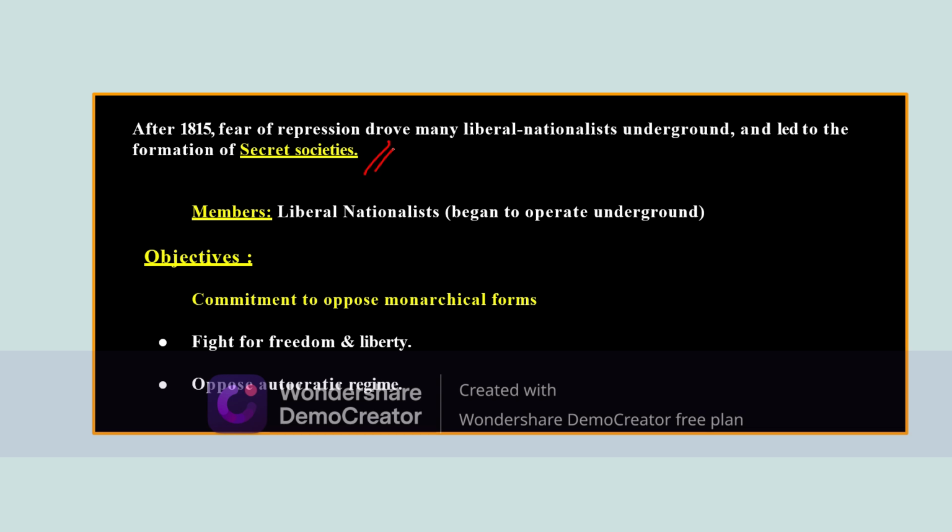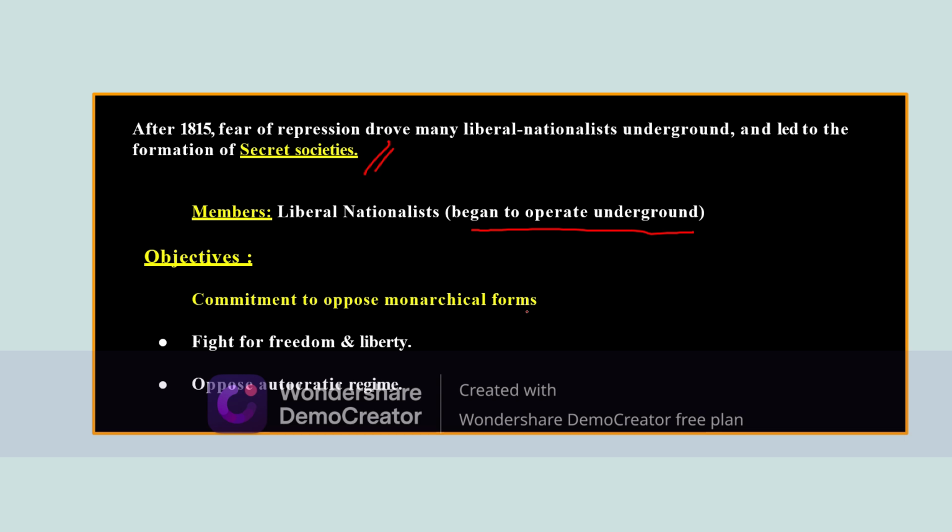In secrecy, they created societies and planned for revolutionary activities. Members, liberal nationalists, began to operate underground. They sought to gather people so that they could plan some revolutionary activity against the autocratic conservative regime.